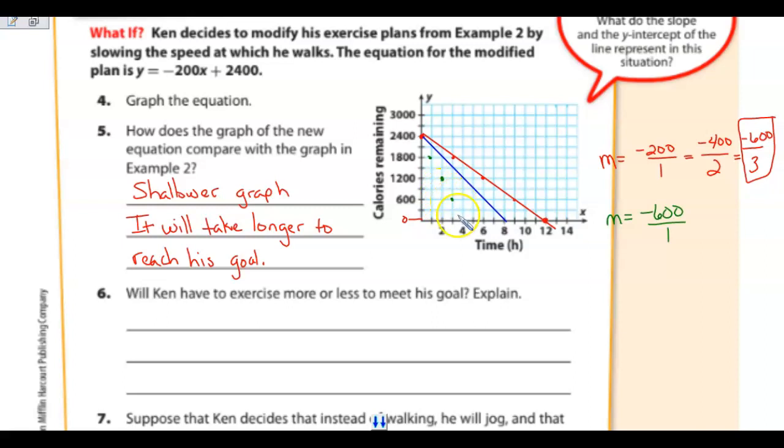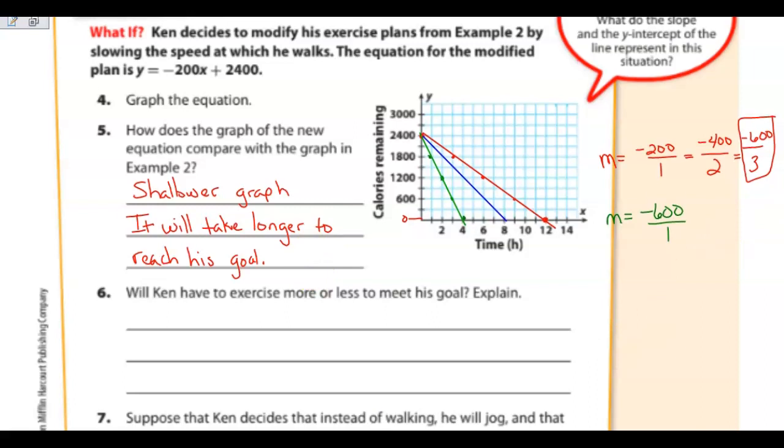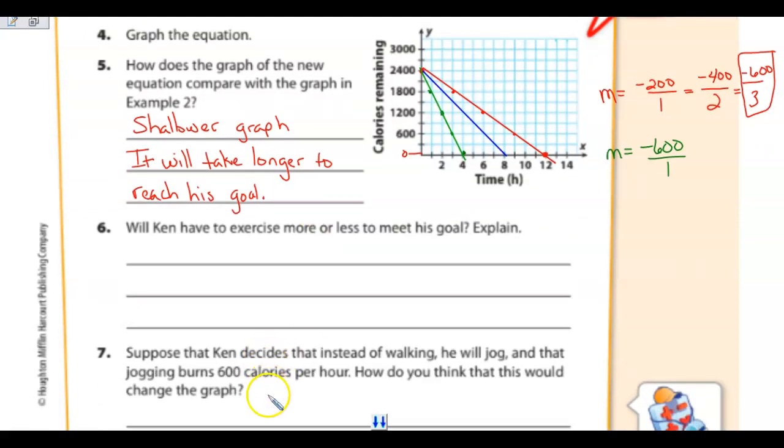So what's happening? Yes, it's going to go quite a bit faster. So it's got a steeper slope. It's going much faster, and it takes less time for him to actually reach his goal. So that's the green line, that's the 600. It changes the graph because it becomes a steeper line.